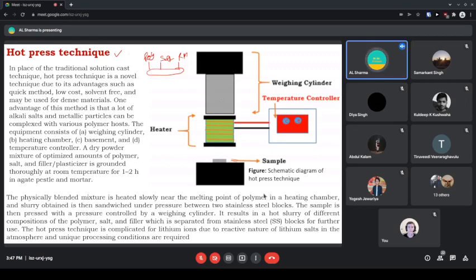Once you press it, the materials are pressed inside, and temperature is given. Whatever solvents are there get evaporated, and you get a complete solid pellet from here. So it is said to be the hot press technique.